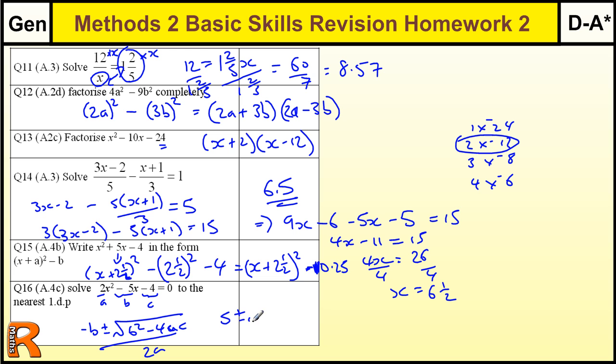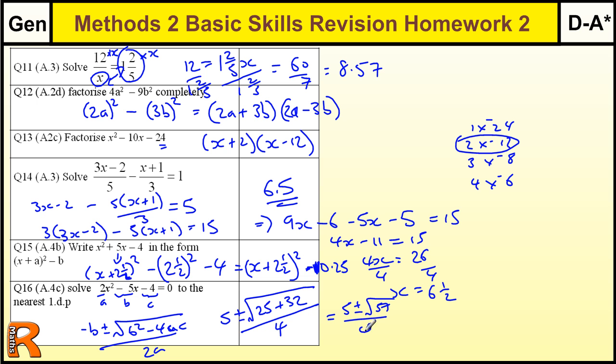Minus 5 squared is 25. And then we've got 4 lots of 2 times minus 4. 4 times 2 is 8, times minus 4 is minus 32. But I'm doing a minus and times it by a minus, so that's going to be plus 32. And then it's all over 2 lots of a, which is 4. So that's 5 plus or minus the square root of 57 all over 4.